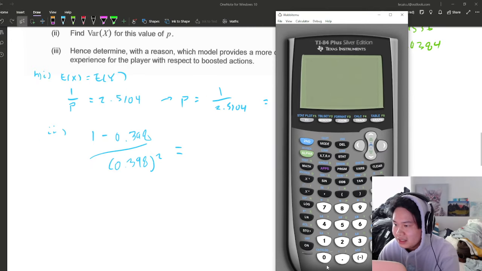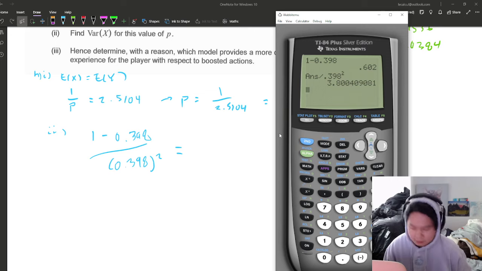Yeah, so like I said, paper theory is not that difficult. It's very guided. So 3.8.